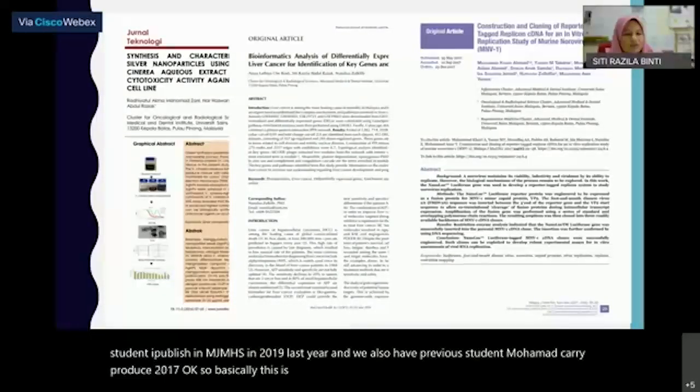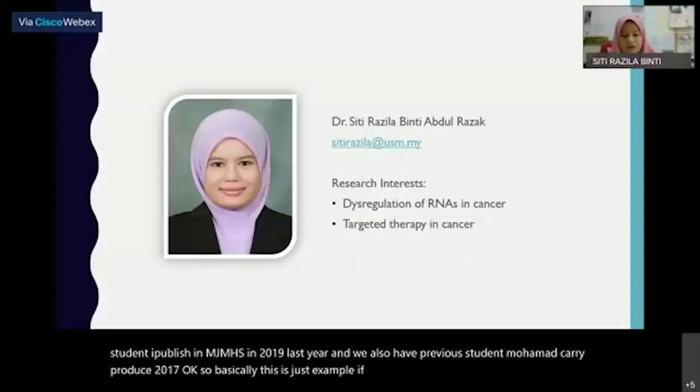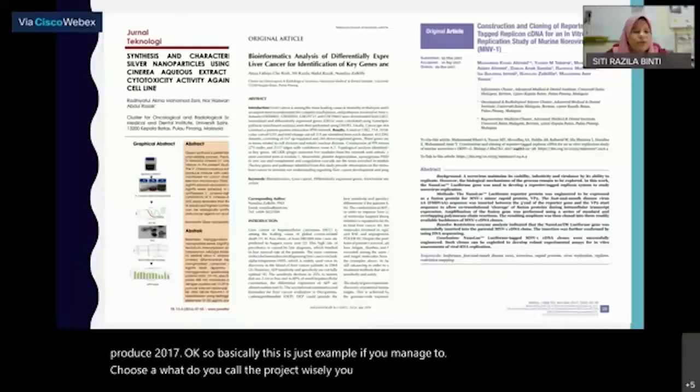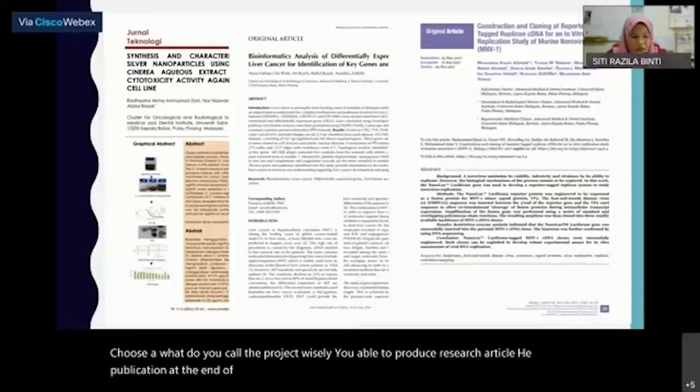If you manage to choose your project wisely, you may be able to produce a research article publication at the end of your study. It will be an extra bonus point on top of the dissertation.